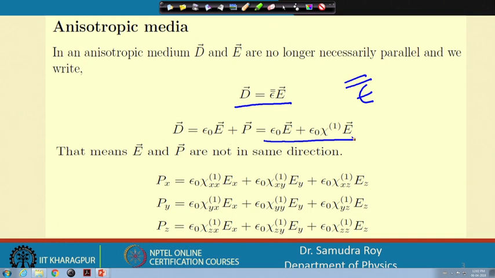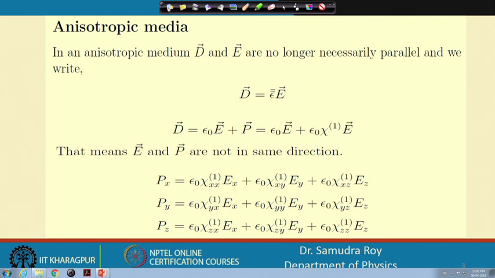If I write the relationship for the polarization components Px, Py, Pz, then Px, Py, Pz are no longer proportional to only the Ex component; rather the Ey and Ez components are still there in the system. So, we have a matrix-like form, and this relation is very important in nonlinear optics, and we will know in future classes how these things lead to other issues.